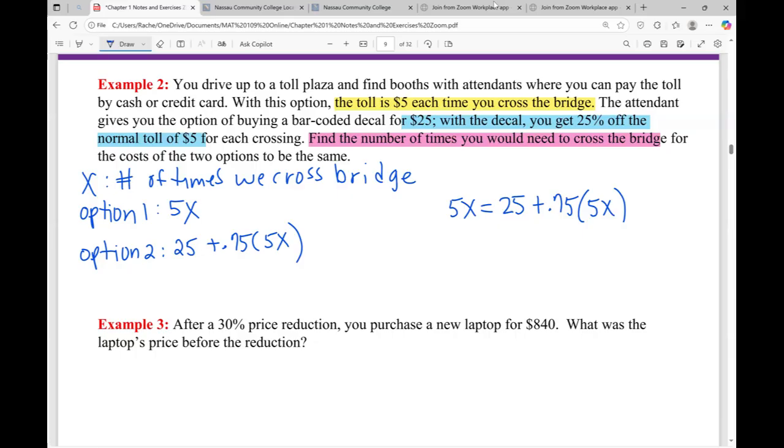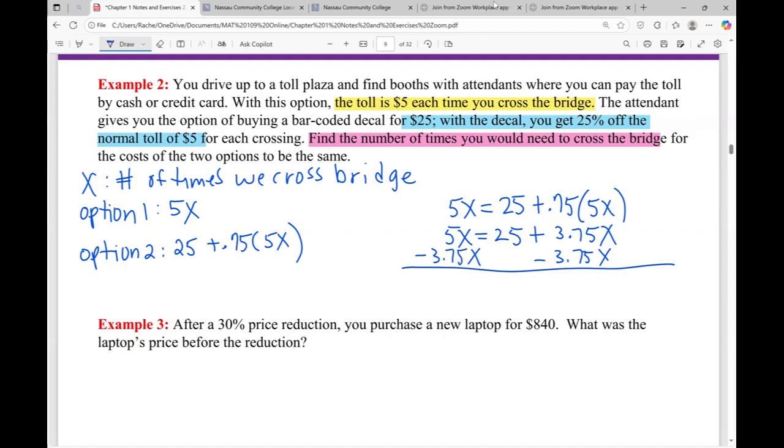So now let's simplify this. We're going to get 5x is equal to 25 plus 0.75 times 5x, which is 3.75x. And now let's solve for x. Let's get x by itself on one side. So I'm going to subtract 3.75x from both sides.